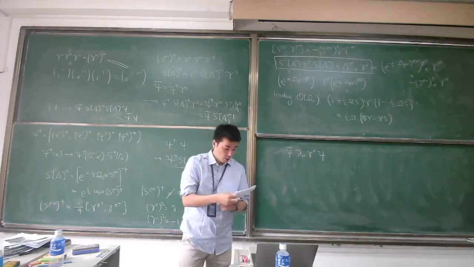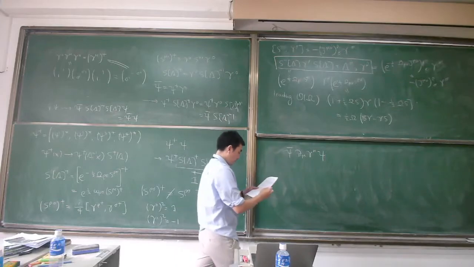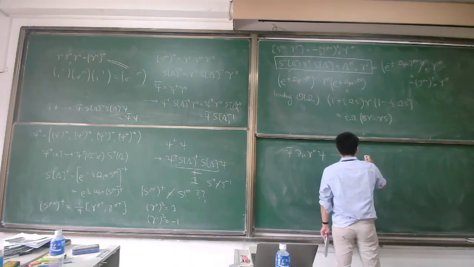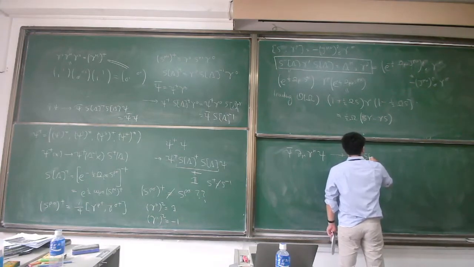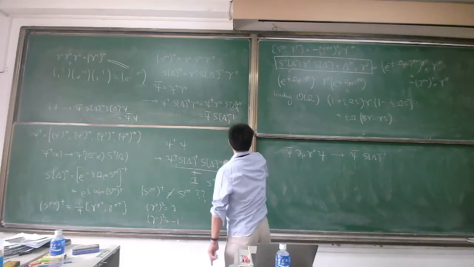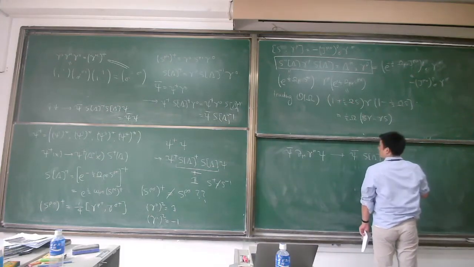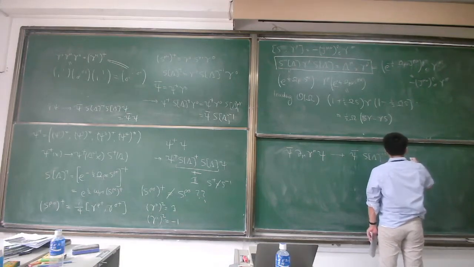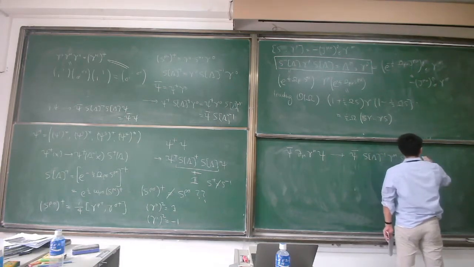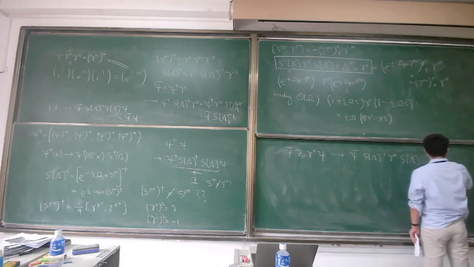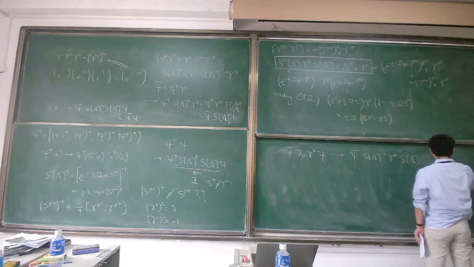Under Lorentz transformation, you have S of gamma inverse coming from here, and then you have gamma mu, and then S of gamma acts and partial mu acts on psi.